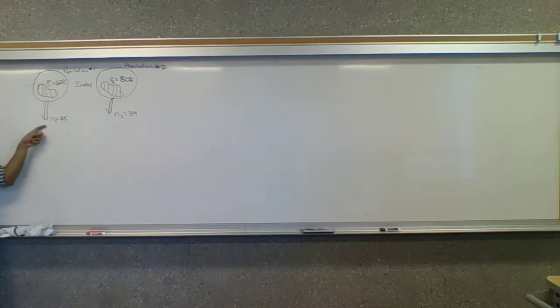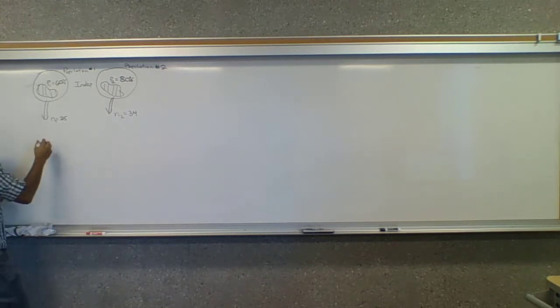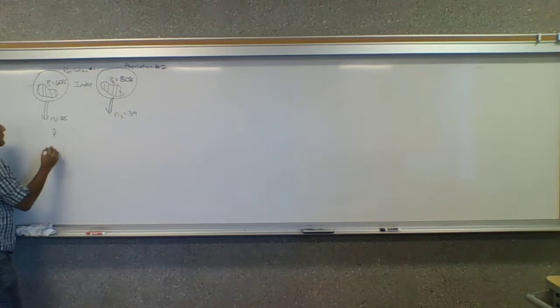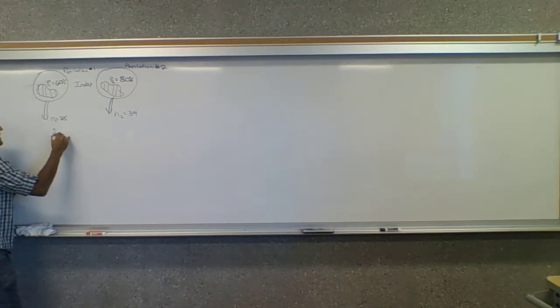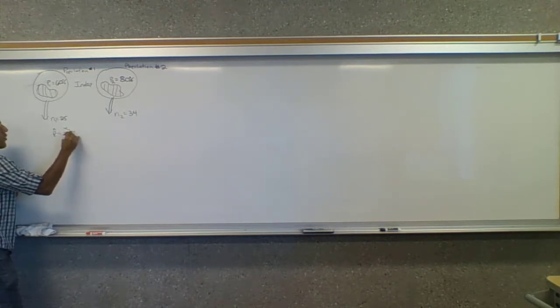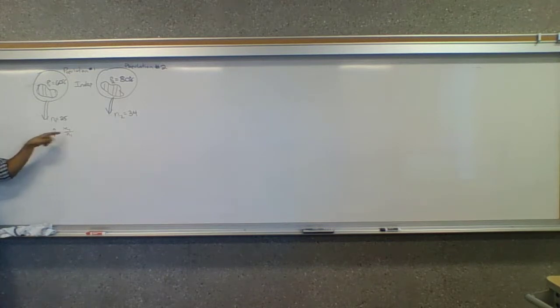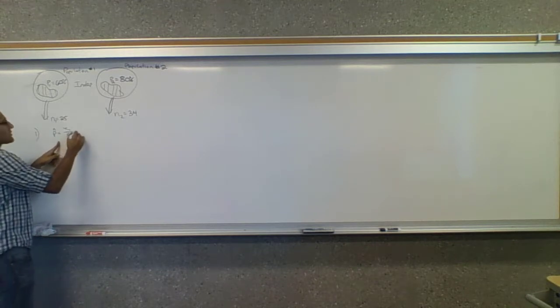So every time I pick a group, it'll be a group of size 25. And so that group is going to have a sample proportion equal to x sub 1 over n sub 1, where x sub 1 is how many people in my particular sample out of the 25 are going to participate in the election process. Okay? So every time I take a sample, I'll get an answer from here.